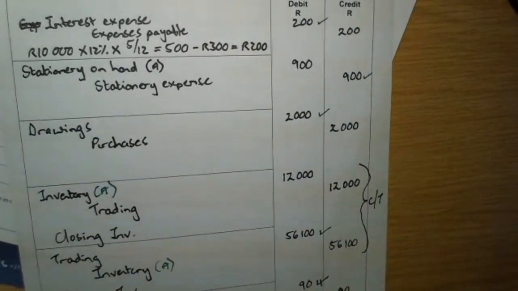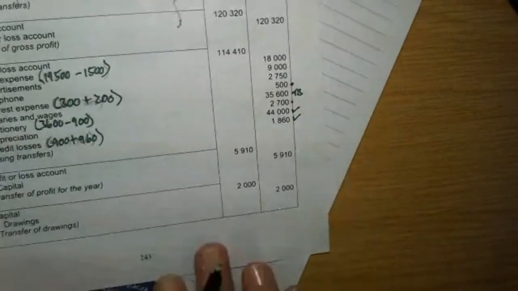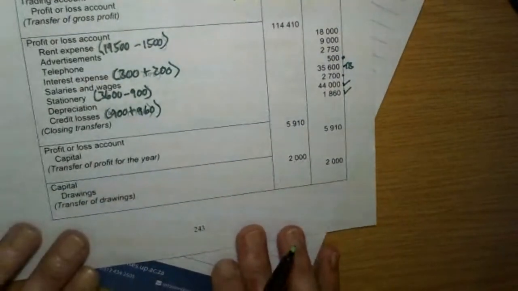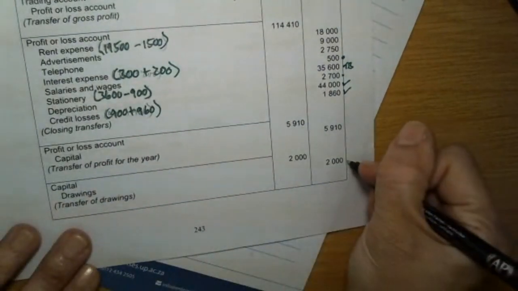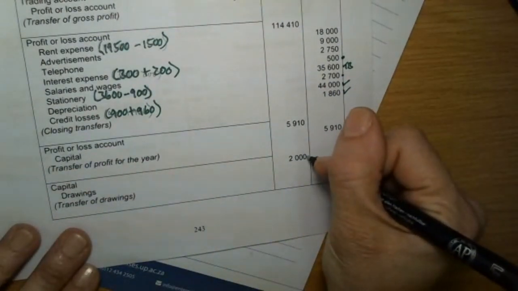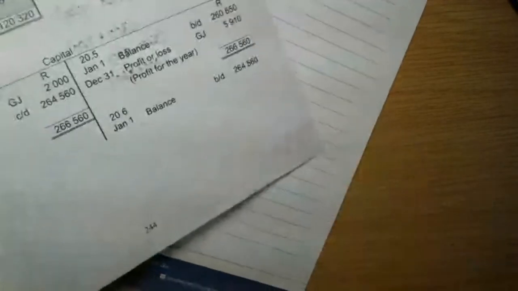So in other words, that 2,000 Rand is the amount that needs to be reduced against capital. So here I'm crediting my drawings account because I had a debit balance, and I'm debiting the capital account with 2,000. So I'm clearing the drawings to zero.